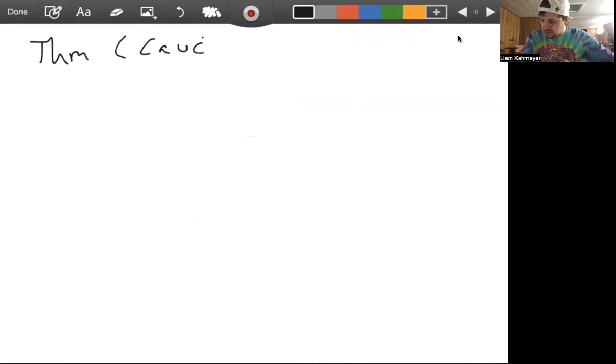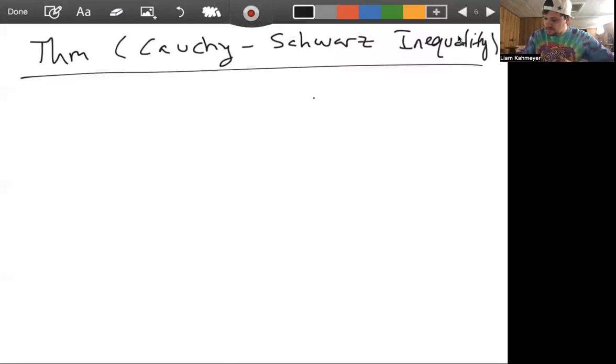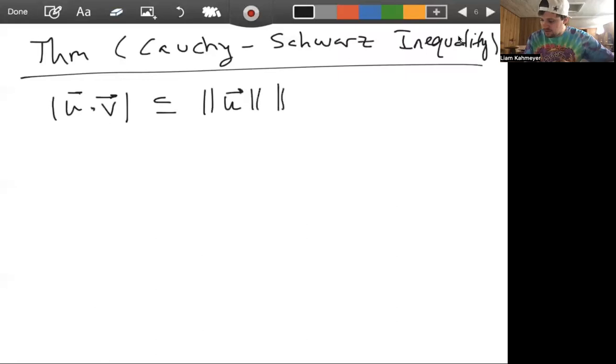This is due to Cauchy and Schwarz. And this is the Cauchy-Schwarz inequality. And this says the magnitude of u dot v is bounded above by the product of the magnitudes.